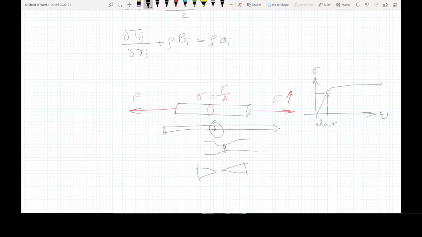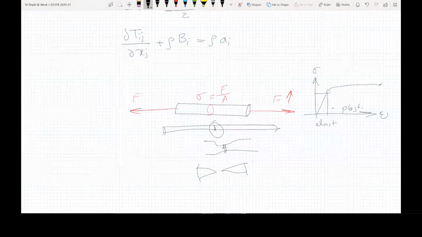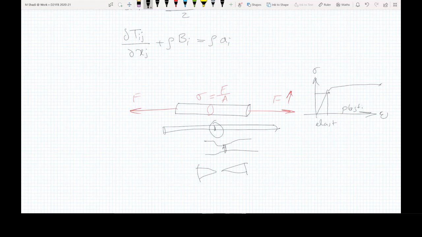And beyond that, we call it the plastic range. This part can be linear and this part can be nonlinear, but there is a big difference between linear and elastic. So these are two different concepts. I'm going to come to that in a minute. But this part we call the elastic part, and it will end with the yield strength.